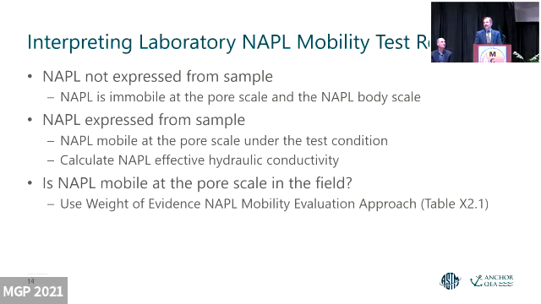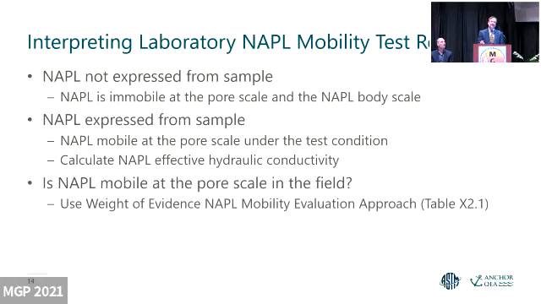If NAPL is not expressed from a sample, that's straightforward. Then that means that the NAPL in that sample is immobile. It cannot migrate by advection. But if NAPL is expressed from the sample, that means that the NAPL is mobile at the pore scale under the laboratory test condition. Then you've got to go farther to interpret whether or not it's likely to be mobile also under field conditions.